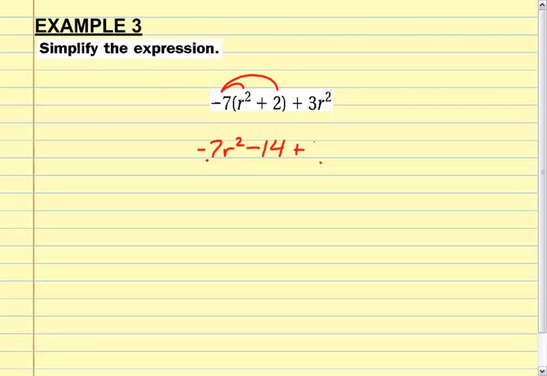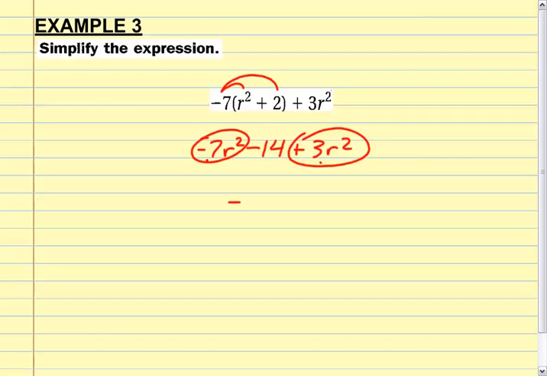Yeah. Okay. Now, I'm still using PEMDAS. Is there any more multiplication or division for me to do, Elizabeth? No. There's not. Is there any combining that I can do, adding and subtracting? Is there any of that that I can do, Bear? Negative 7r squared plus 3r squared. Good. When I put those two things together because they're like terms, what do I get?